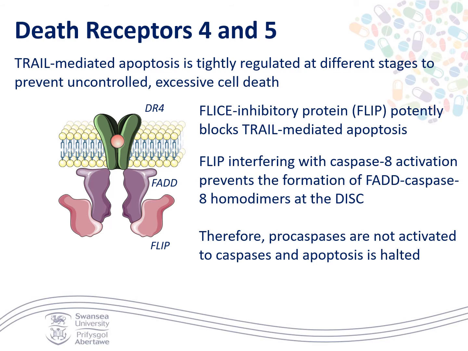And without this procaspase activation to caspase, we do not get the induction of these molecular scissors to then cut up proteins and promote the induction of apoptosis. As a result, FLIP interaction with the DISC then means that we do not have procaspase to caspase activation and apoptosis is halted.